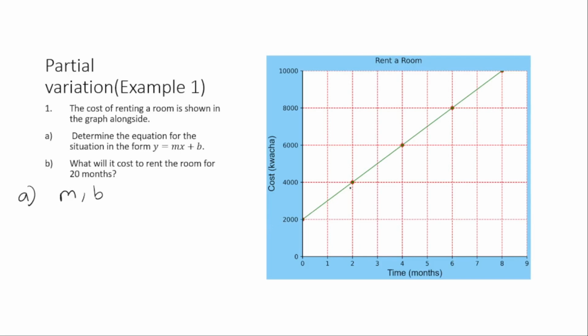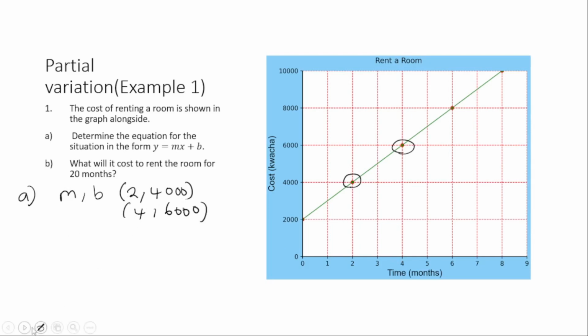I'm going to pick this point and this point. The coordinates will be 2, 4,000, that is the first one, and then the other one will be 4, 6,000. So 4 is the x coordinate, then 6,000 is the y coordinate.